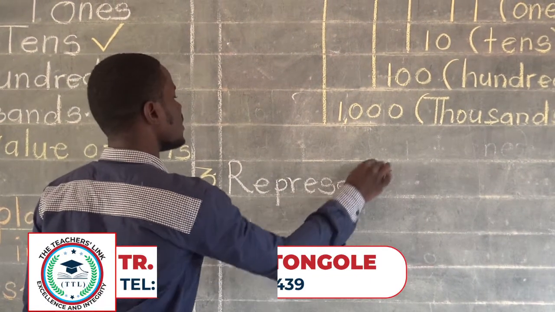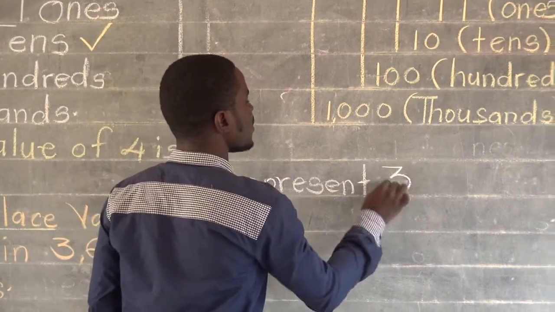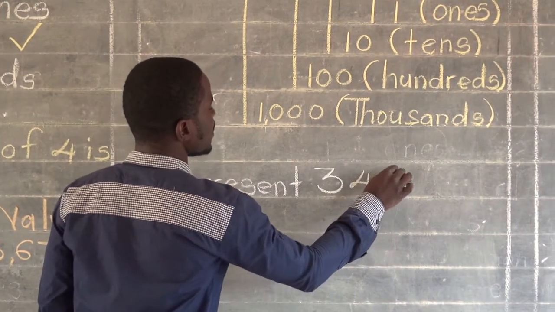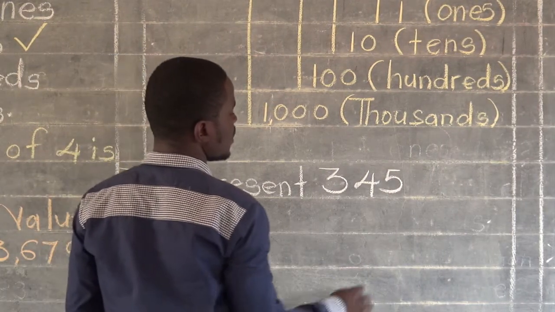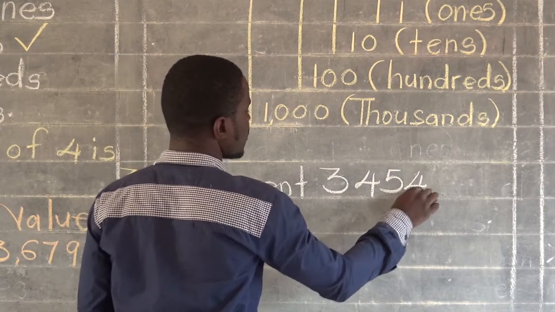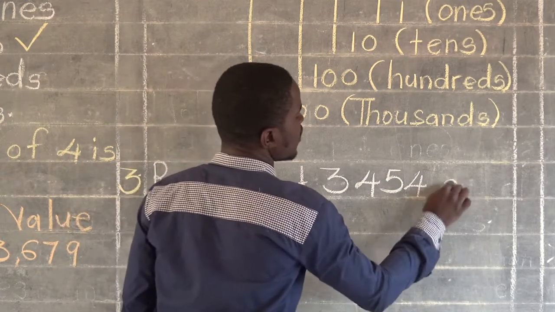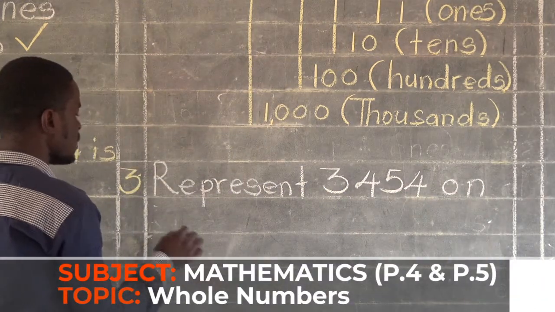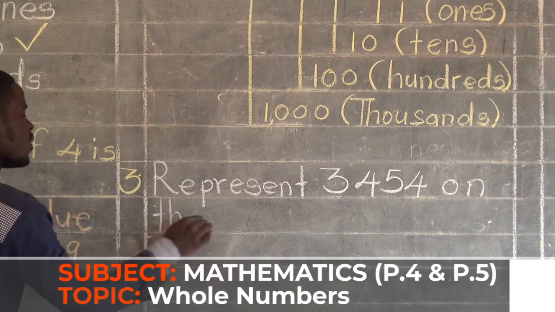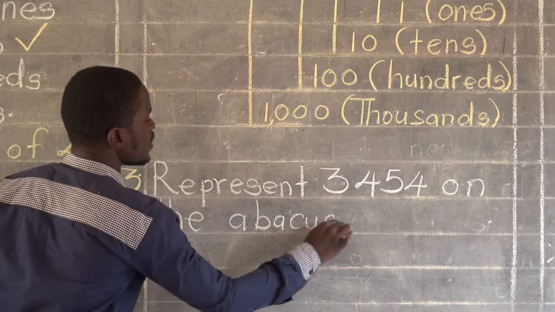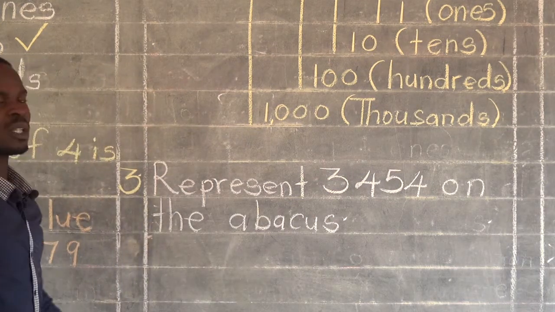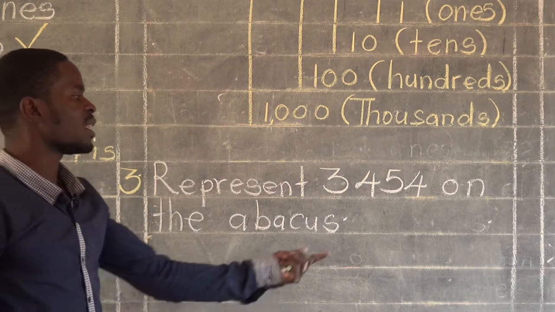Represent 3,454 on the abacus. So the first thing we shall do is to state the place values.